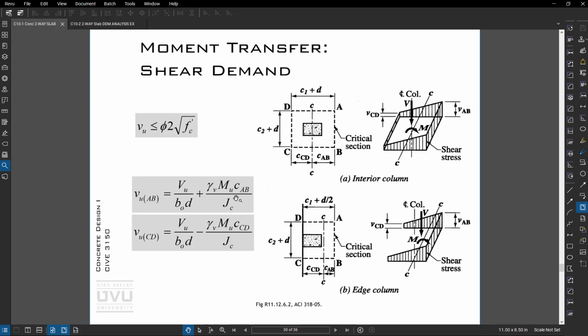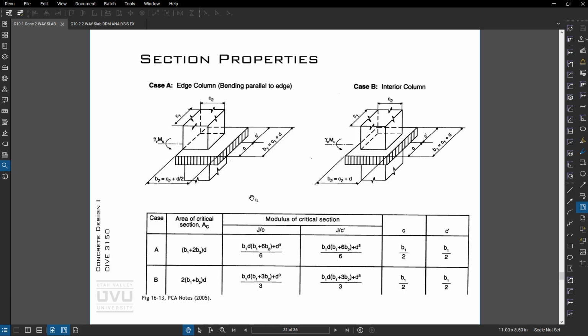So here we have the shear stress at line AB, which is right along here. That's a function of the vertical force and the moment transfer through the slab. And this J sub c is the polar moment of inertia of our critical shear perimeter. This table here will give you the J over c.